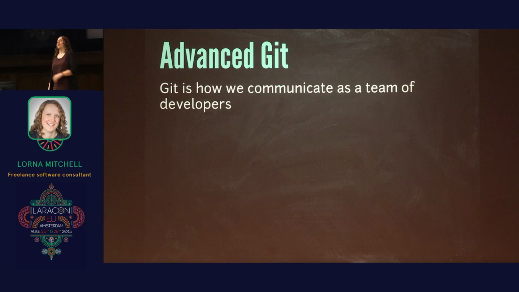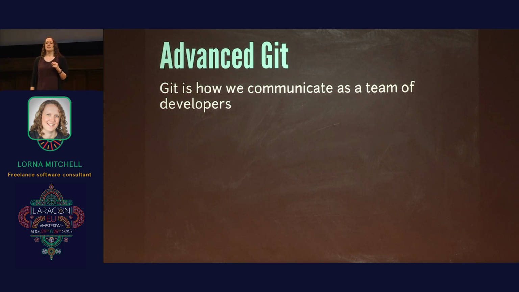Before I dive in on the command line, I want to say this about advanced Git. Really advanced Git users are advanced not because of the commands that they know, but because of the way that they use the tool.